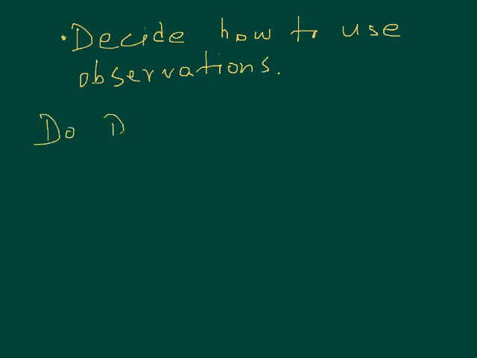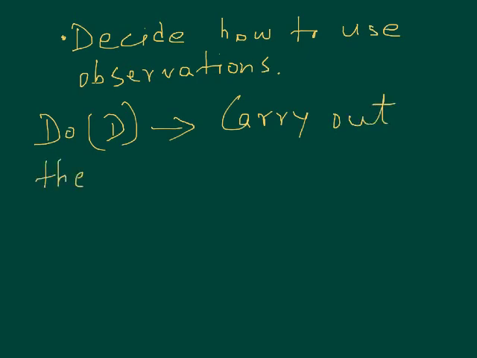The do, which is D. Over here you carry out the plan. It's similar to the PDCA cycle, but here Dr. Deming prefers you do that on a small scale.